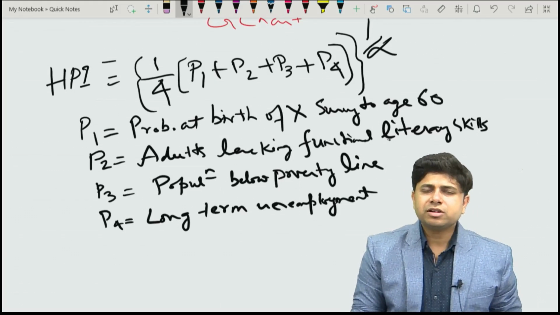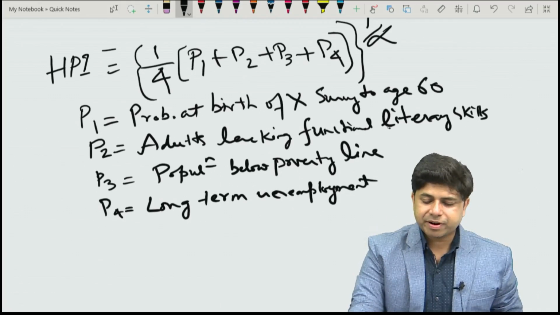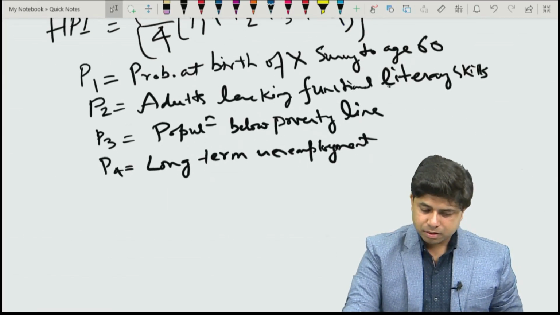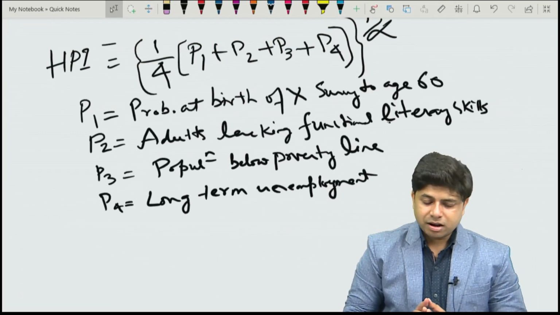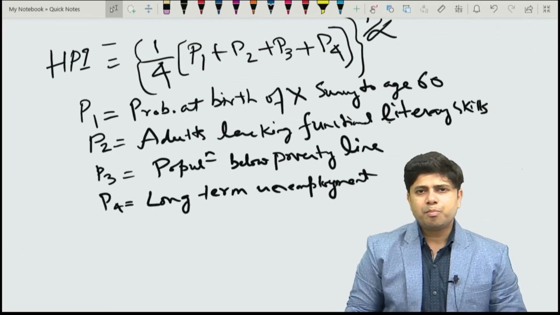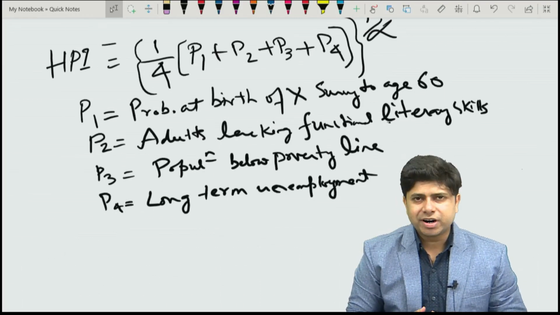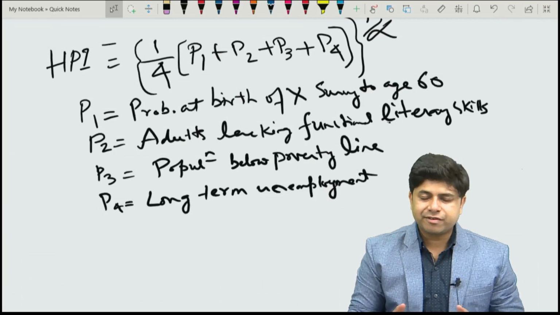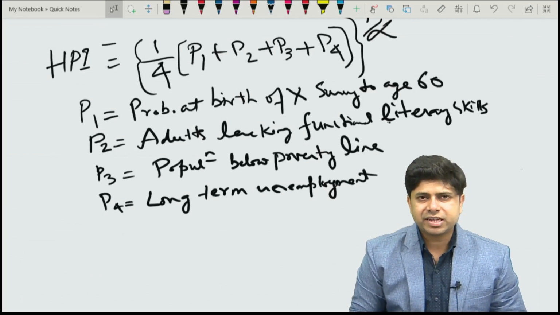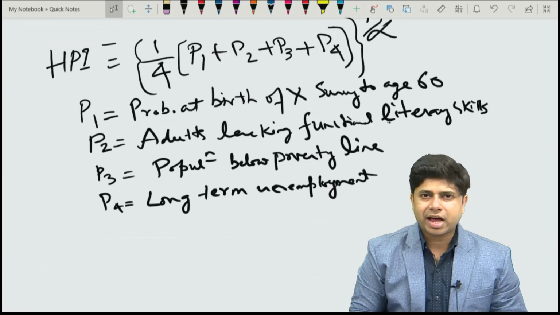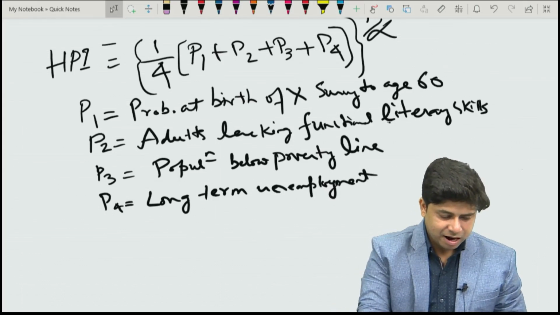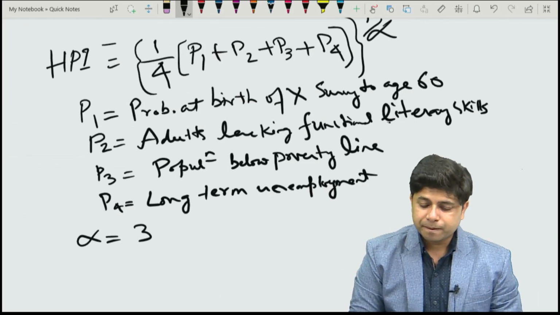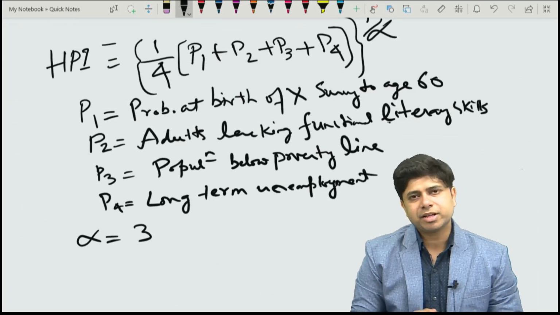Okay, so these four parameters P1, P2, P3, P4 are parameters which reflect the poverty factors, and this poverty index can be calculated as the average, the summation of these four parameters divided by 4, and then taking the power of 1 by alpha. Alpha is generally taken as 3. So the probability at birth of not surviving to age 60 is something which is not good.